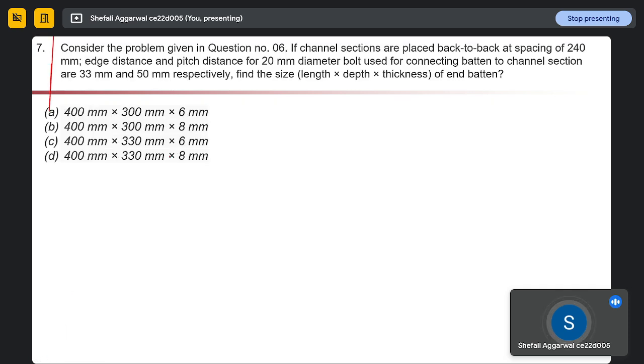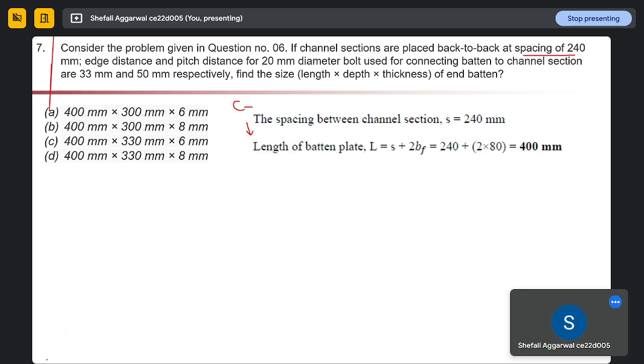So we had channel section, all the properties of channel section, and what is given to us? Spacing is given as 240 mm. So from this spacing, we can calculate the length of batten.